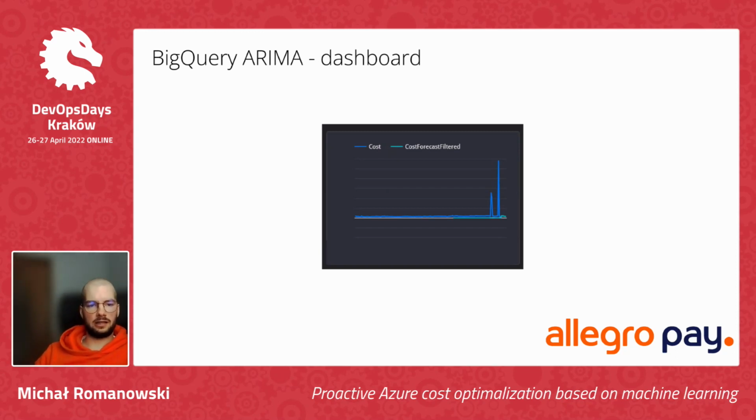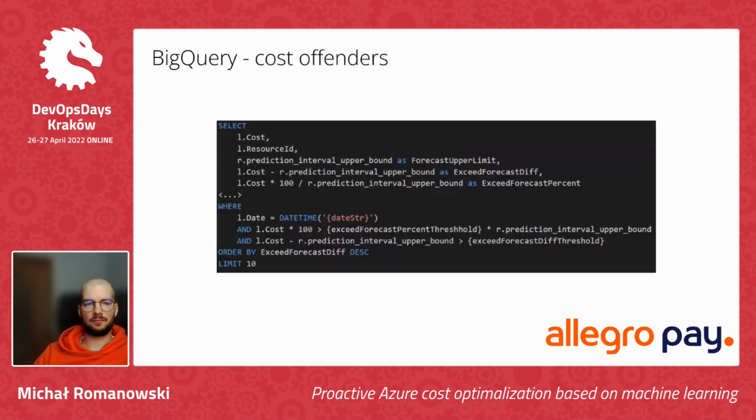Those two spikes are probably virtual machine reservations or something like this. And if you take a look at the blue line and the slightly lighter blue line, those are on the same level, which means that the forecasting works as expected.